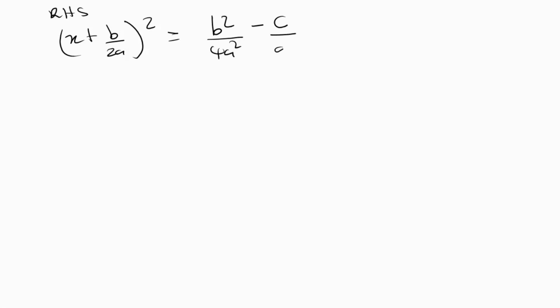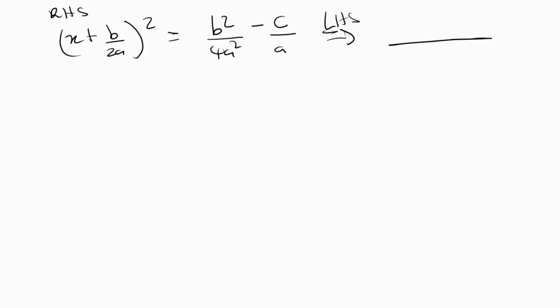All right, so let's go to the next slide here. We have x plus b over 2a squared is equal to b squared over 4a squared minus c over a. Here we can focus on the right hand side.